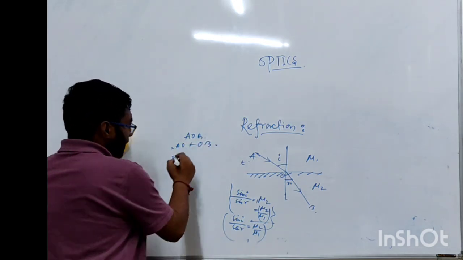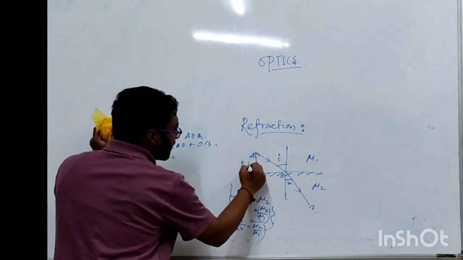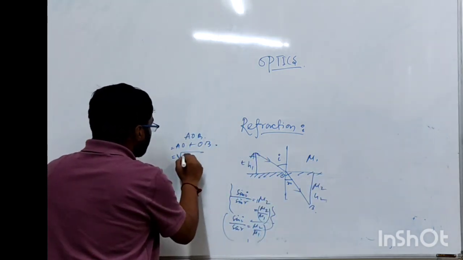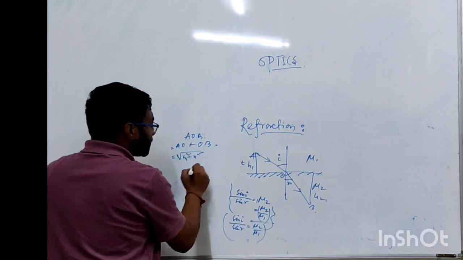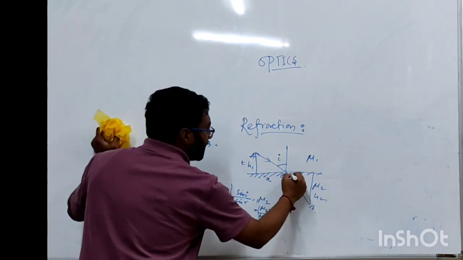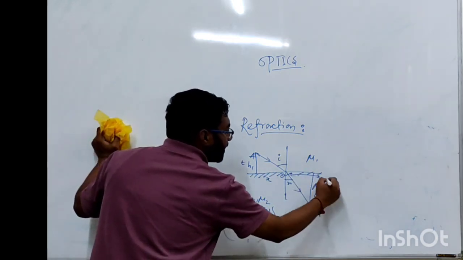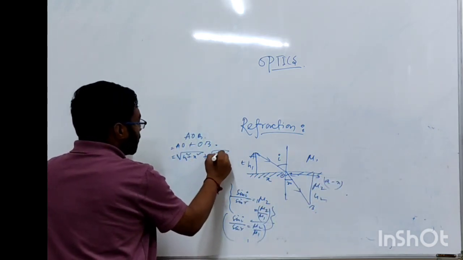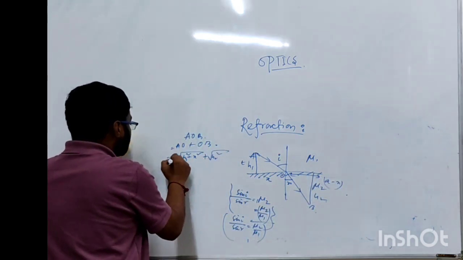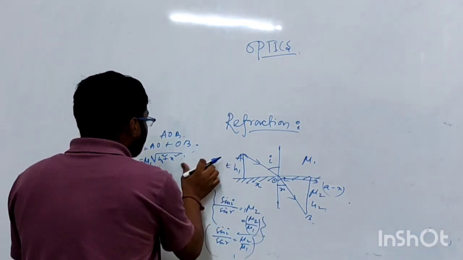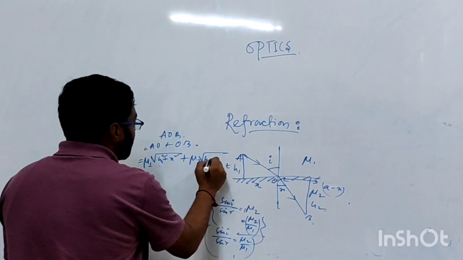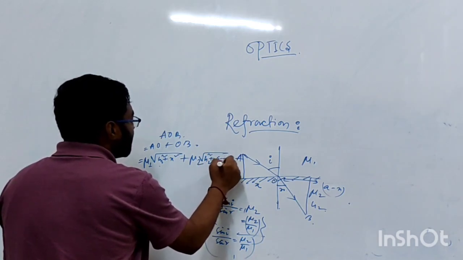If we consider that height is H1 and that is H2, then AO equals mu1 into root over H1 square plus X square. If this length is X and that is A minus X, then OB will be mu2 into root over H2 square plus A minus X whole square.